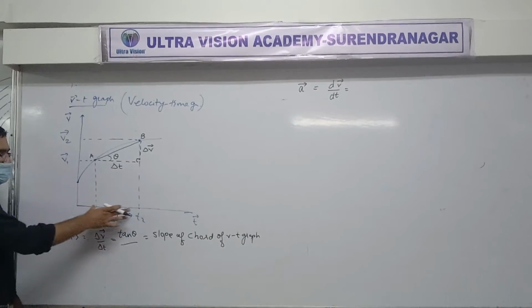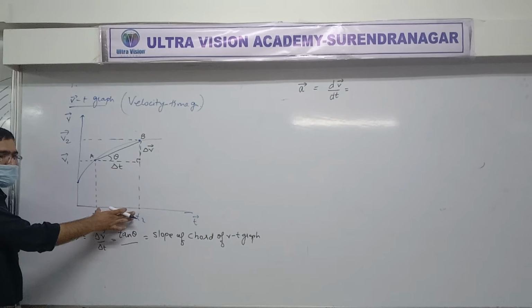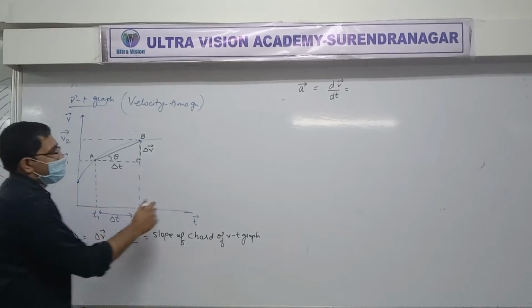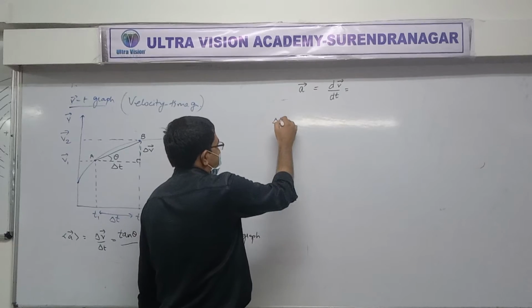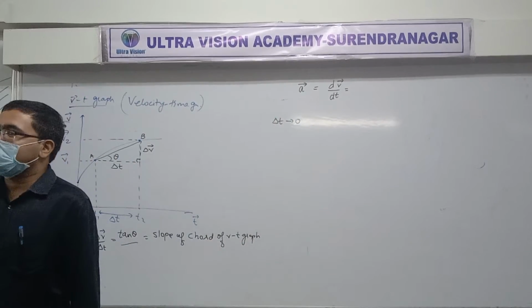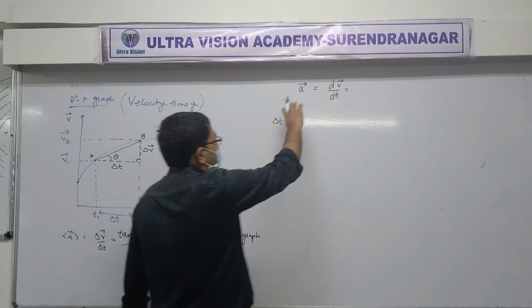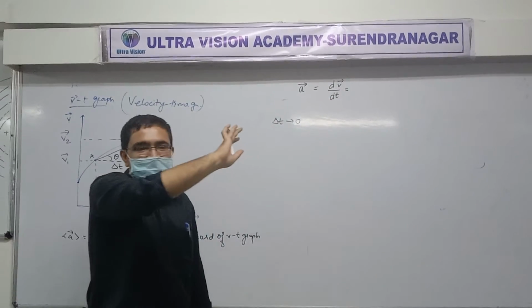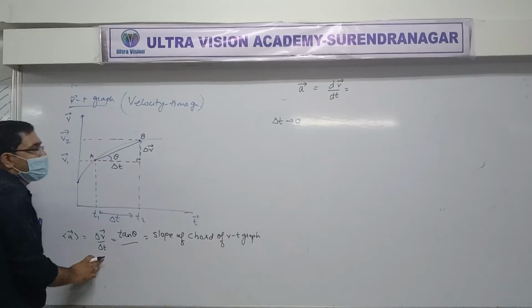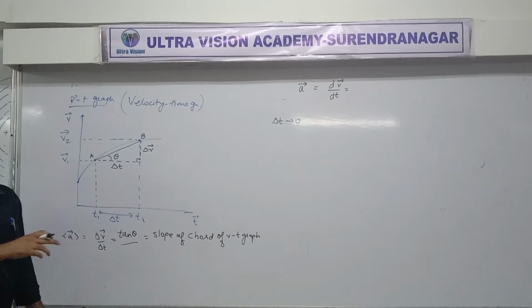If you take this time interval and start shrinking it, making it smaller and smaller, then ultimately delta t tends to 0. And when that happens, instead of delta v by delta t, you will get dv vector by dt.